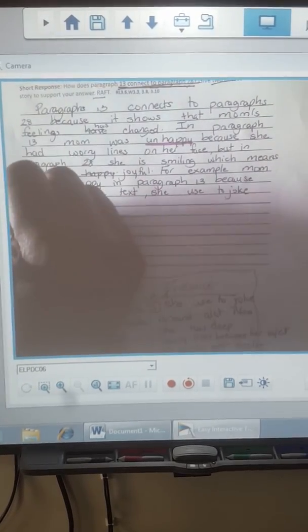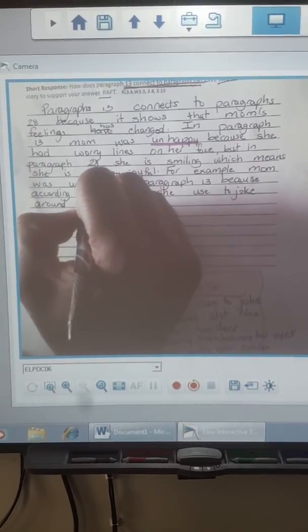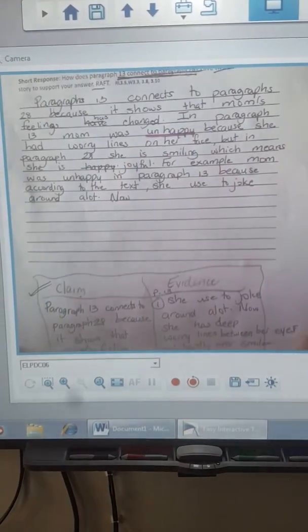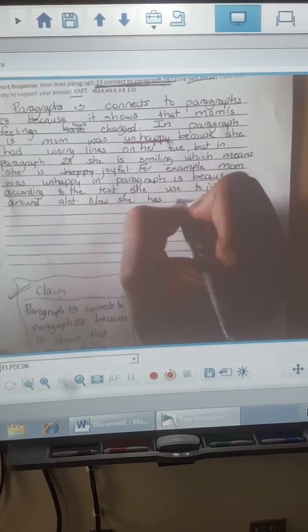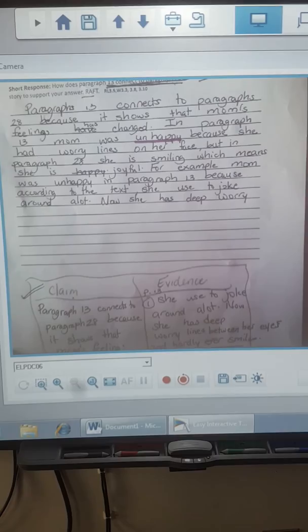So I'm going to go back to where it says in paragraph 13, mom was unhappy because she had worry lines on her face. But in paragraph 28, she is smiling, which means she is joyful. For example, mom was unhappy in paragraph 13 because according to the text, she used to joke around a lot.